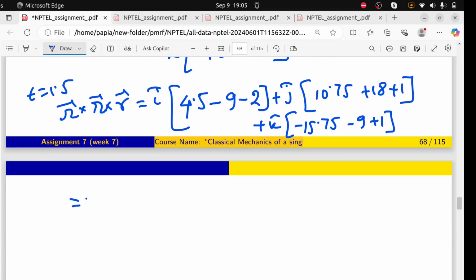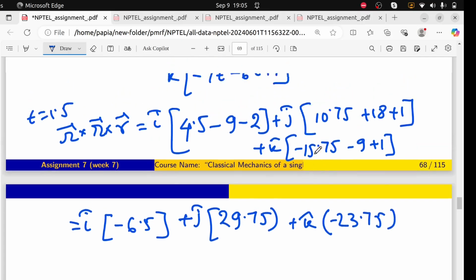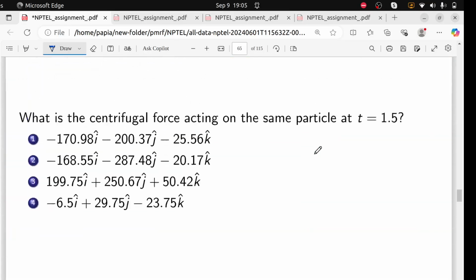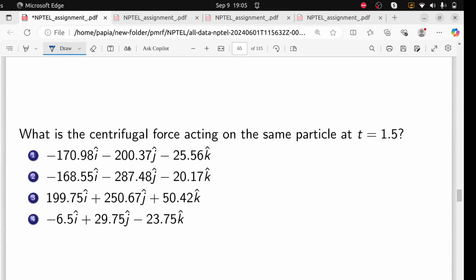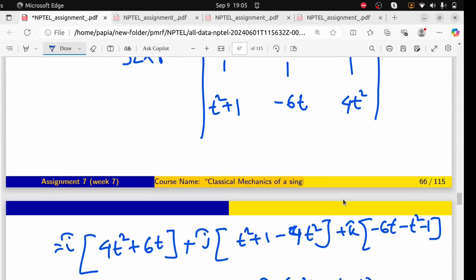So after simplifying, this will be minus 6.5, plus 29.75, minus 23.75. So let me see the answer. Yes, this one. So the centrifugal force is m omega cross r. Okay, and this is the minus 6.5 i cap I get, plus 29.75 j cap, minus 23.75 k cap.